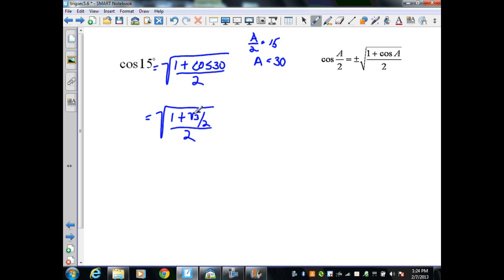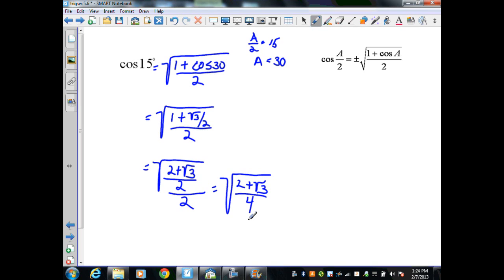Again, finding a common denominator for my numerator is going to give me 2 over 2, which is 2 plus the square root of 3, all over 2, again, all over that 2. I can invert and multiply. That's going to give me the square root of 2 plus the square root of 3 all over 4. But I know the square root of 4 is 2. Therefore, the square root of 2 plus the square root of 3 all over 2.